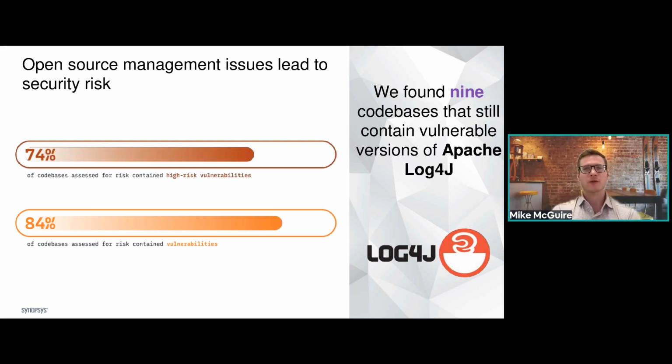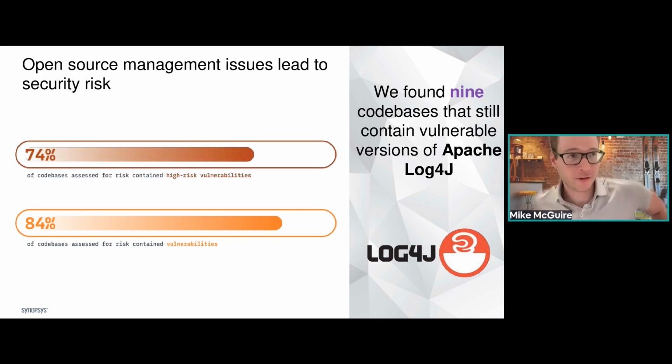Some might have very low CVSS scores. Some might require very, very specific access to an application, so it's not that big of a concern. Now, my main concern is that 74% of code bases contain high risk vulnerabilities. So these are ones with high severity scores and usually with exploits available.